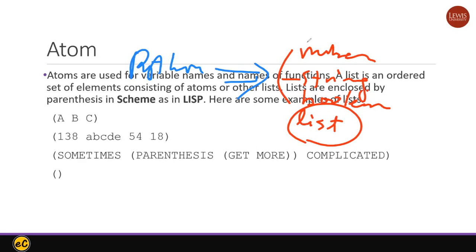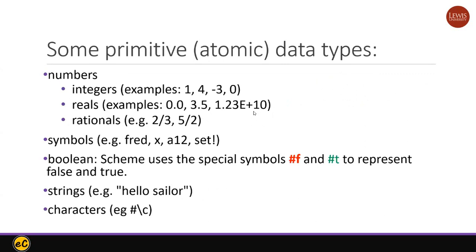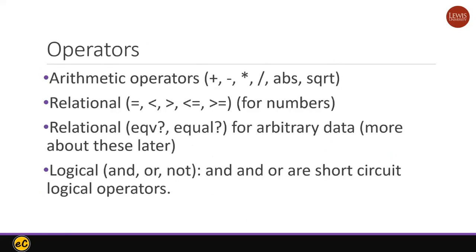For numbers, you can also have real and rational numbers. You can write 2/3 as a rational number. For strings, you use a double quote. For a single character, you write sharp backslash C, or sharp backslash A. Whatever, these are the data types.